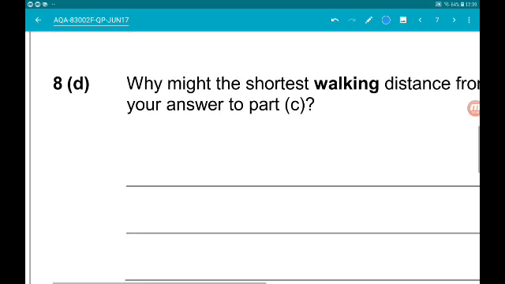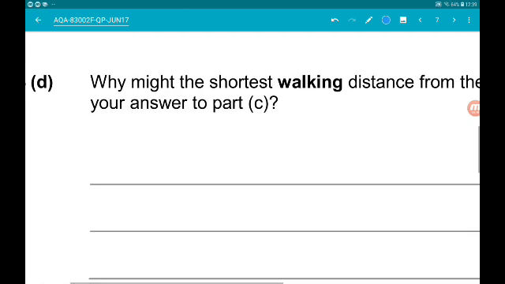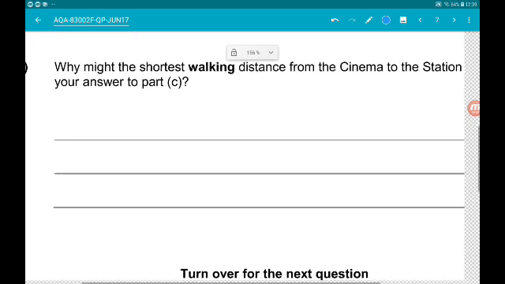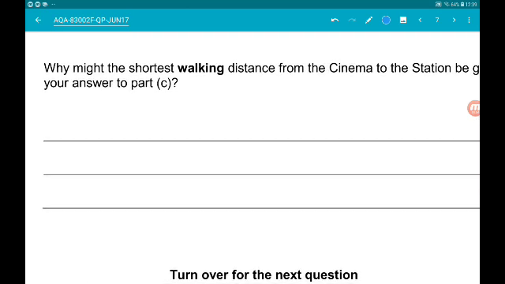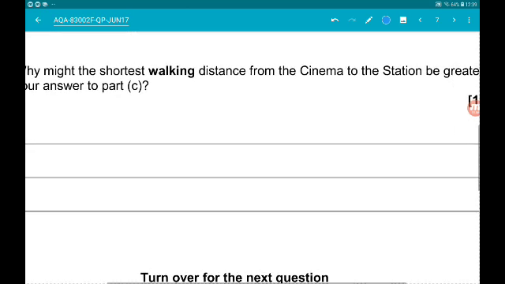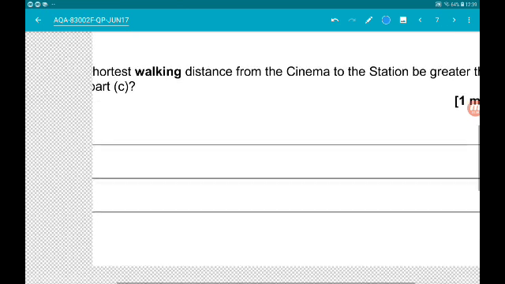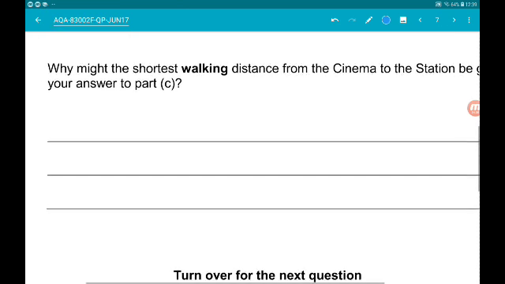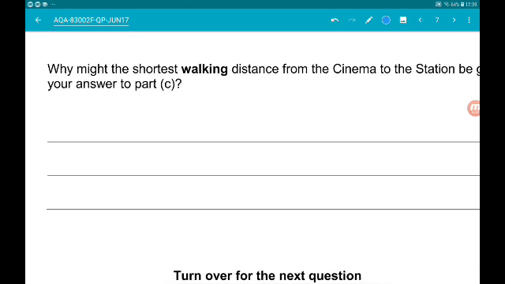Okay, then 8D says, why might the shortest walking distance from the cinema to the station be greater than our answer to part C? So, think about it in real life. What we've just done is found the straight line distance.